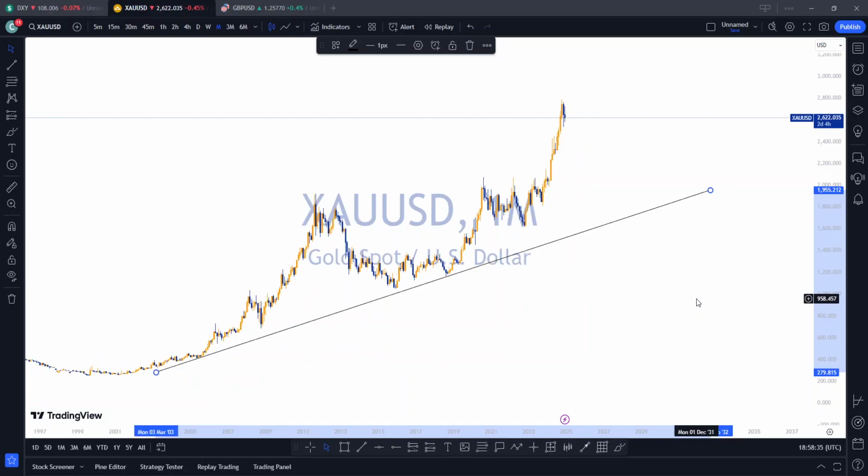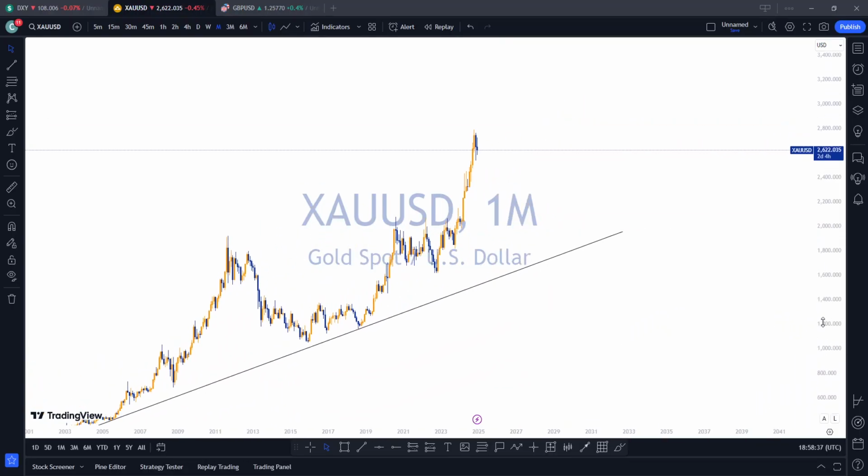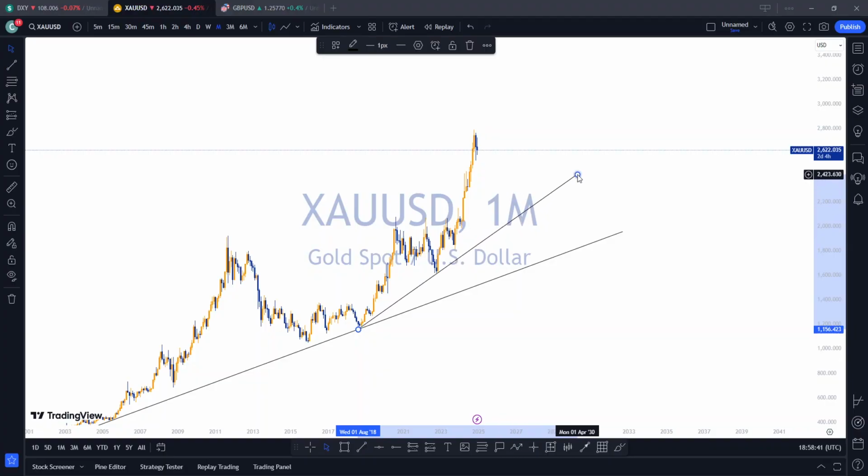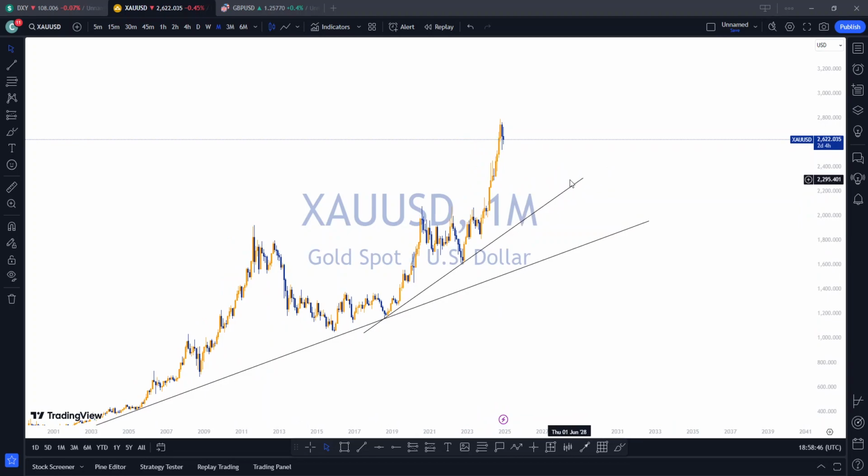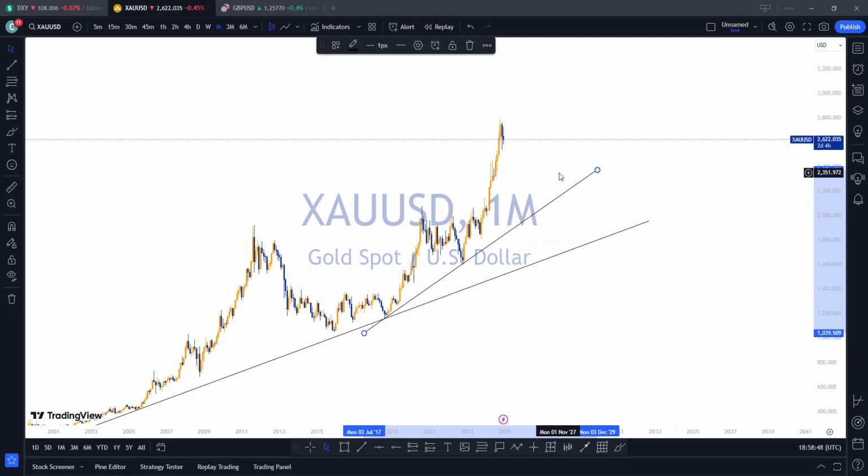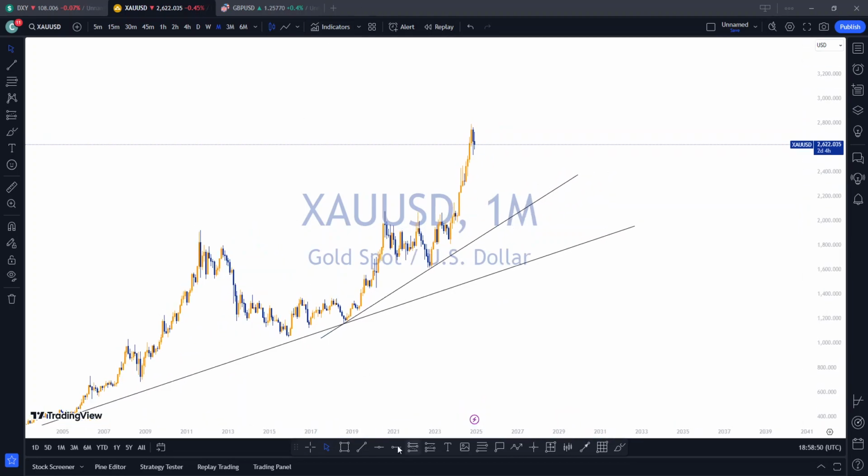As you can see on the monthly time frame overall, we are definitely in an uptrend, right? We can see right here an uptrend. We can see that we have this breakout structure on the monthly time frame right here.